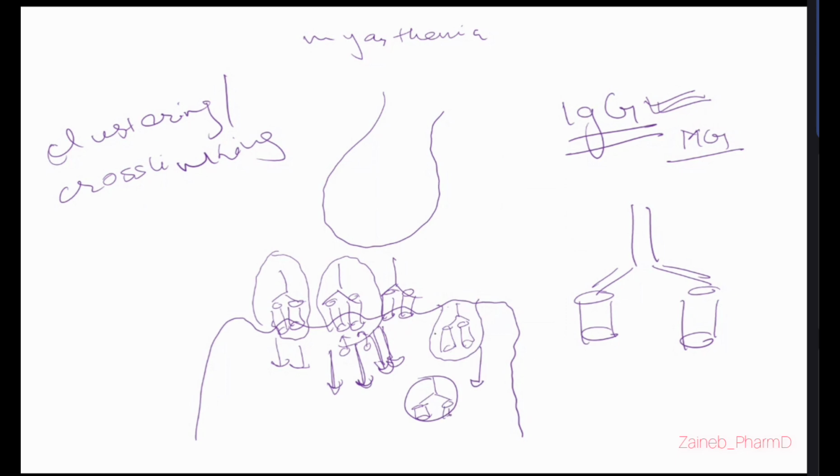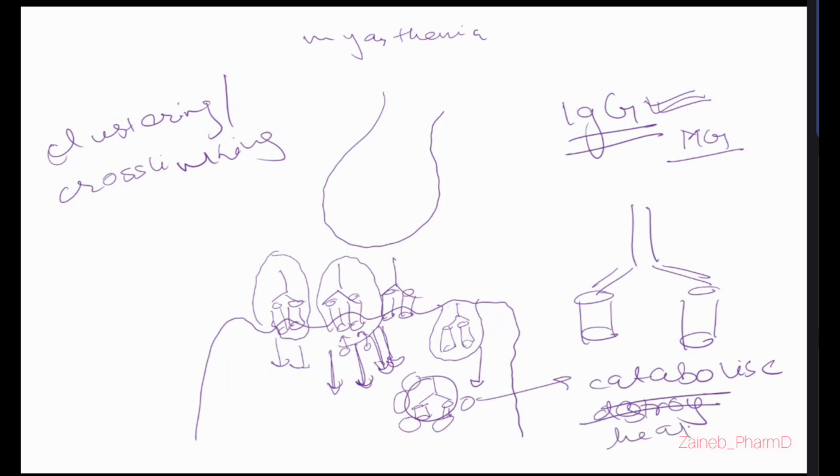Inside the postsynaptic membrane, we have the lysosomes. These lysosomes will fuse with the membrane of the vesicle, and release the enzymes that will catabolize and destroy the antibodies. Now this mechanism occurs in a healthy individual. Now what is wrong with a myasthenia gravis patient?